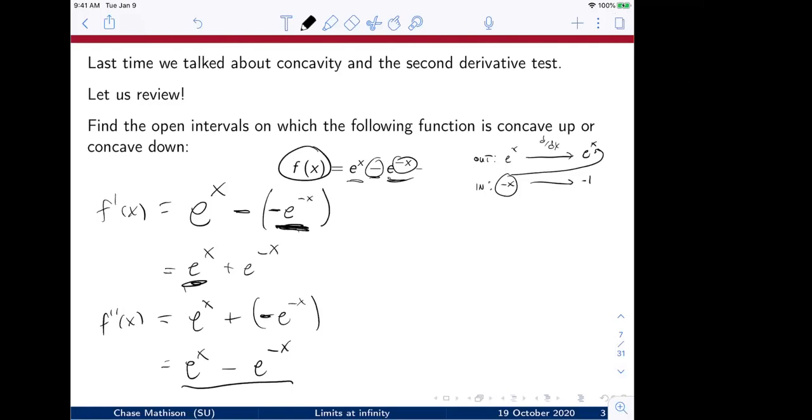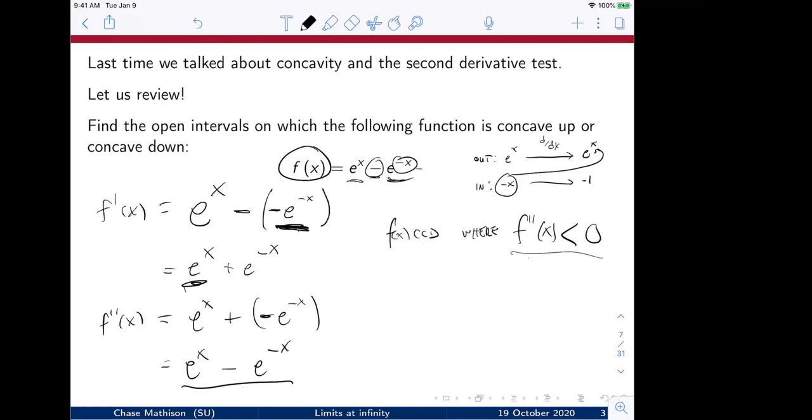That's where f is concave down. So f is concave down wherever f double prime of x is negative. And f is concave up where f double prime is positive. But it's all got to do with the sign of f double prime.